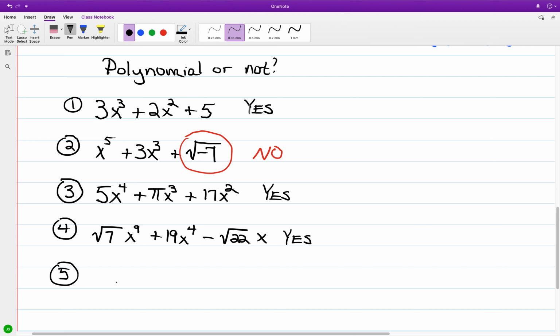And let's say if we have an expression, and we'll say we have 3x cubed plus 2x squared plus 5 times x to the -1. All right, so we have 3, 2, and 5. So on the side of real coefficients, that test is passed.